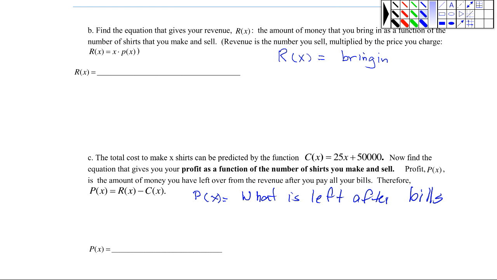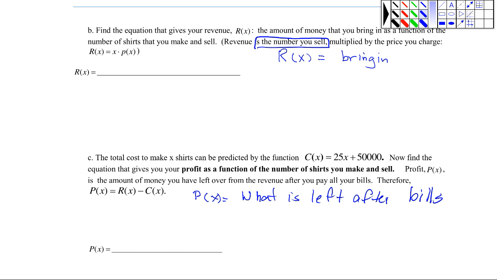Okay, so first we'll figure out revenue, and it's a very logical equation. In general, revenue is the number of things you sell multiplied by the price per item. In this case, we're talking about the number of shirts you sell multiplied by the price you charge per shirt.